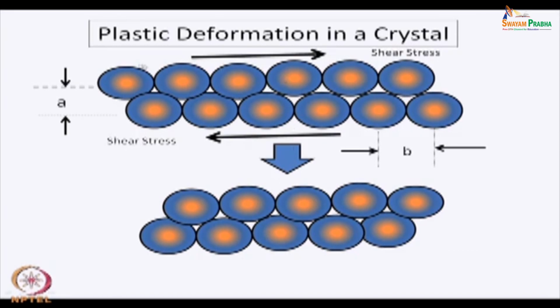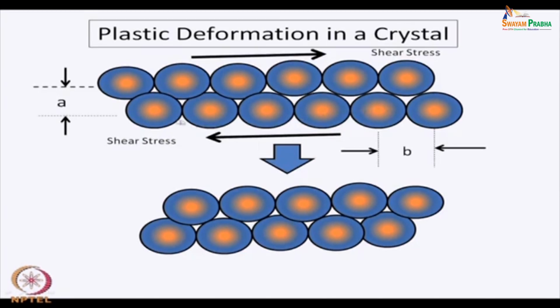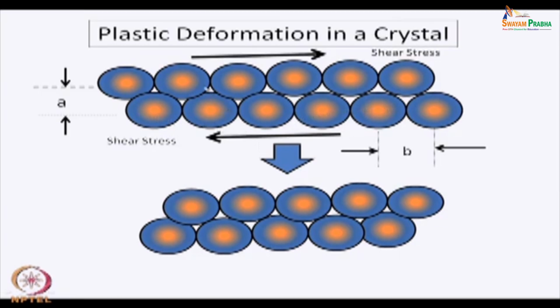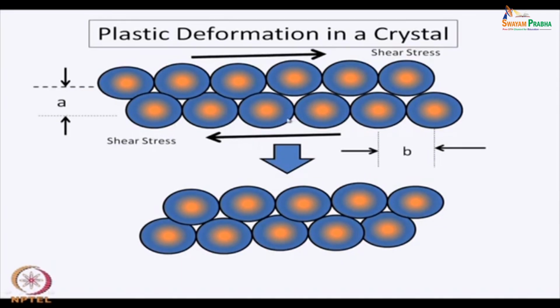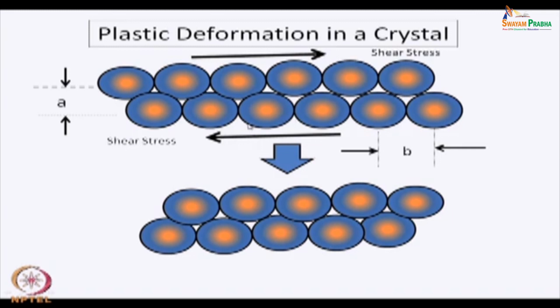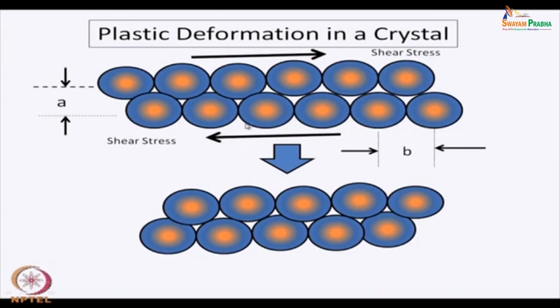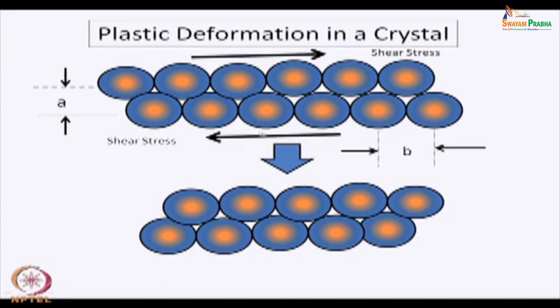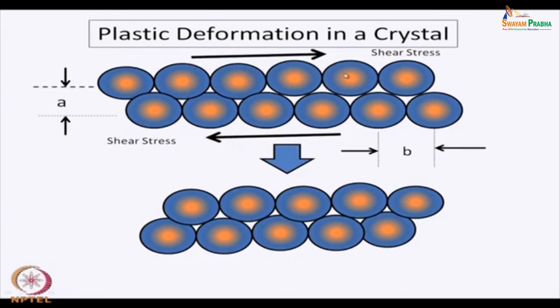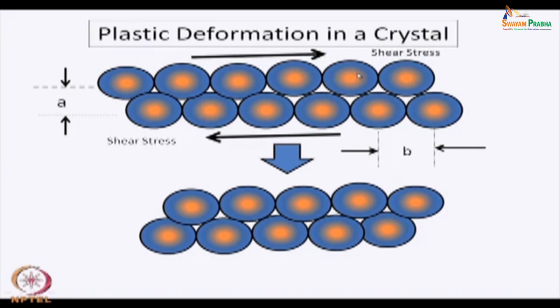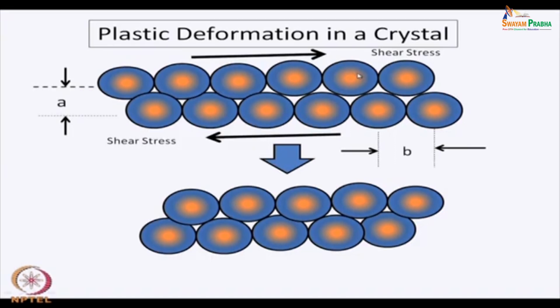If these are two different layers of atoms, both in the close-packed position, this is the first layer and this is the second layer. So, we apply a shear stress. At the lower end we apply a stress in this direction, and on the upper side we apply a stress in this direction. So, it is not a normal stress, it is a shear stress.